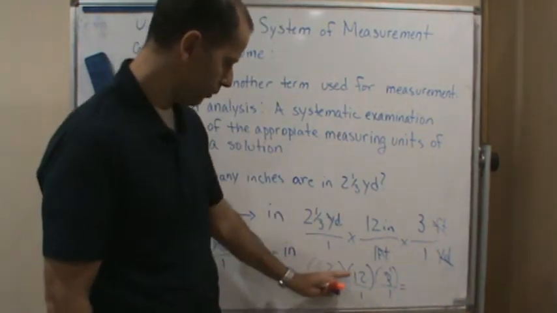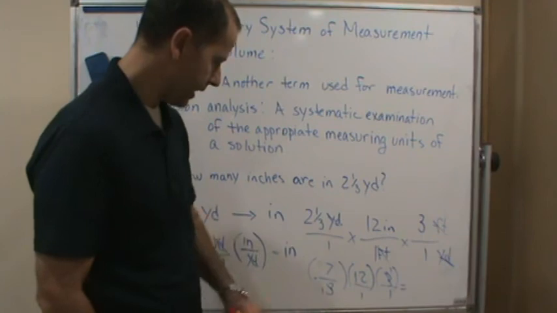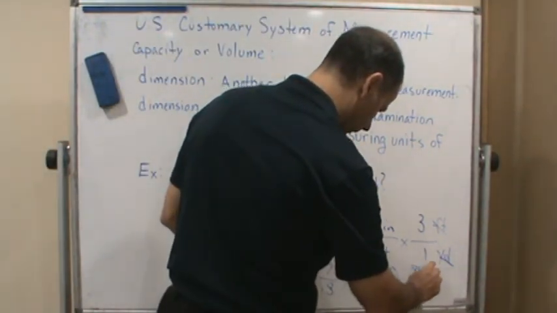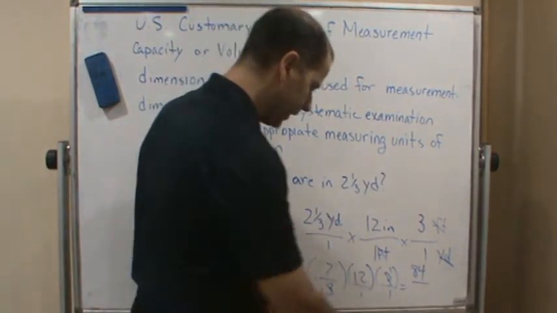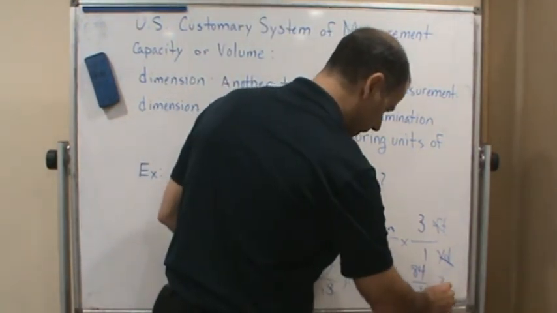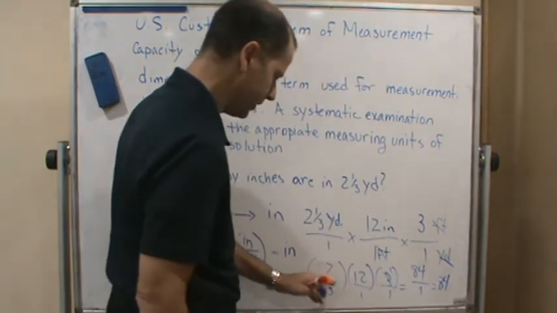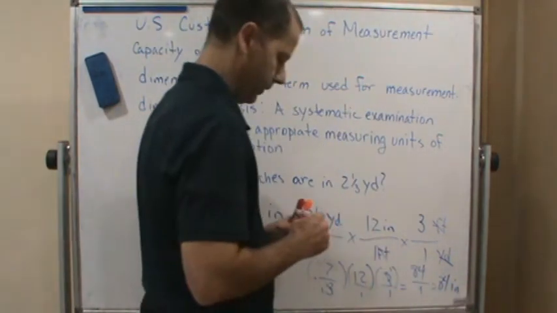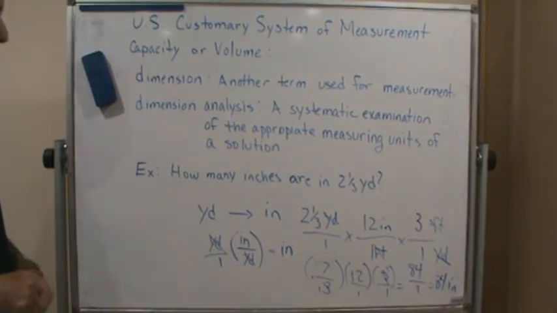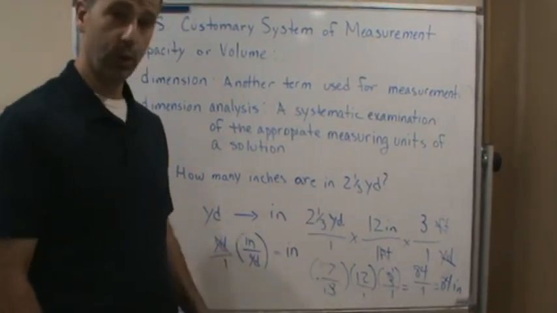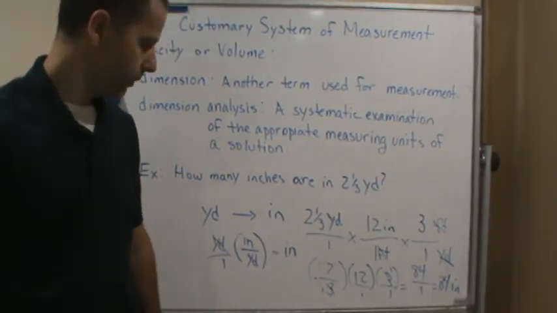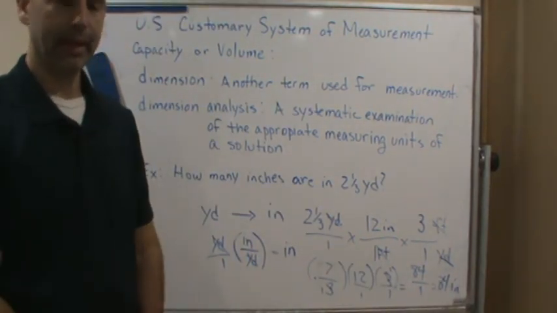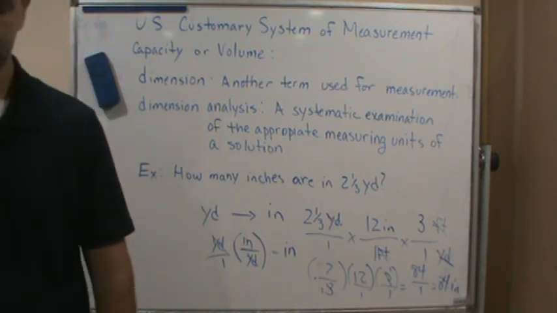If we multiply across the top, we get 7 times 12, which is 84, and we get 1 on the bottom. So we get a total of 84 what? Well, inches. So how many inches are in 2 1/3 yards? 84. And that's it. See you next time.